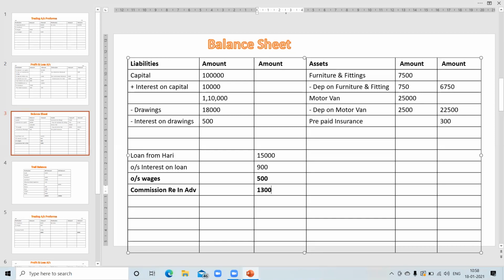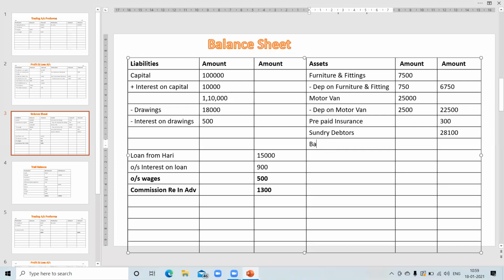Next, sundry debtors. So sundry debtors it will be posted. Sundry debtors, there are no adjustments. Covered direct outer column is the 28,100. Next is the bank balance.